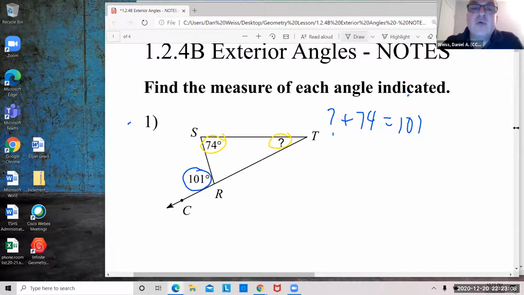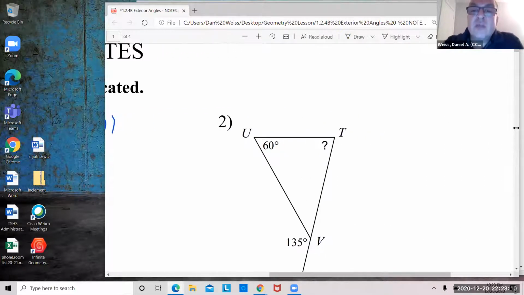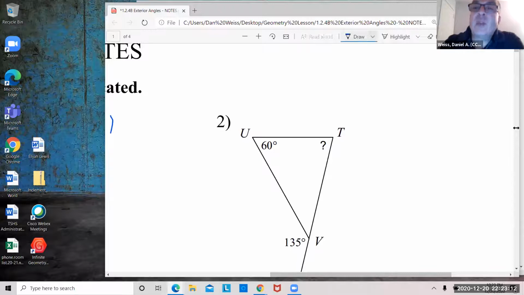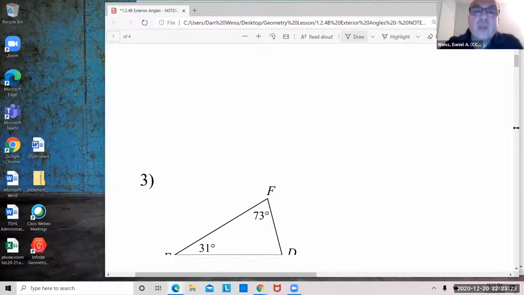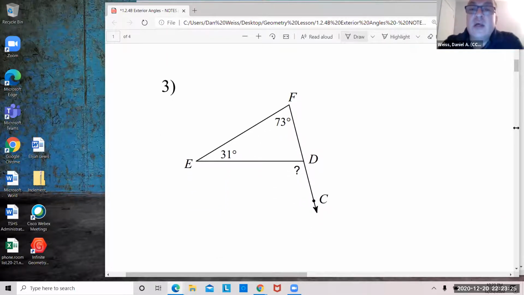Solve for question mark. Same thing. 60 plus question mark equals 135. Subtract 60 from both sides. This one, question mark equals 31 plus 73. 104.